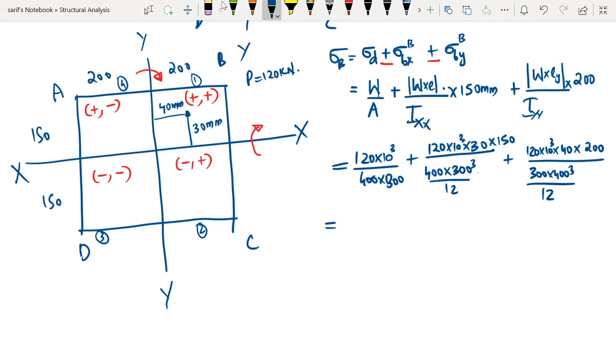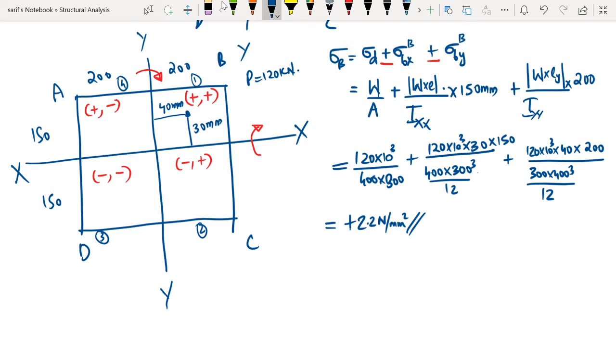If we do these calculations, we get the stress at the point B as 2.2 plus 2.2 Newton per mm square. So this is the value of the net stress at the point B.